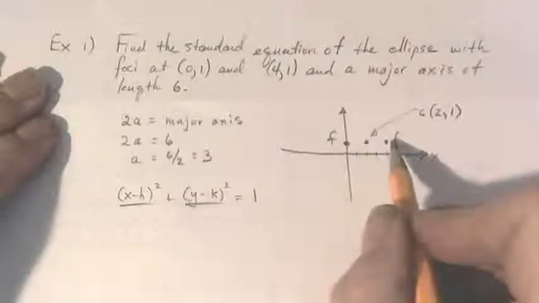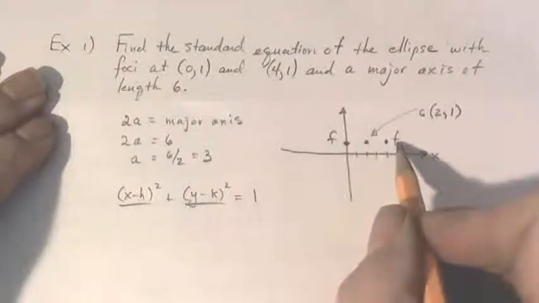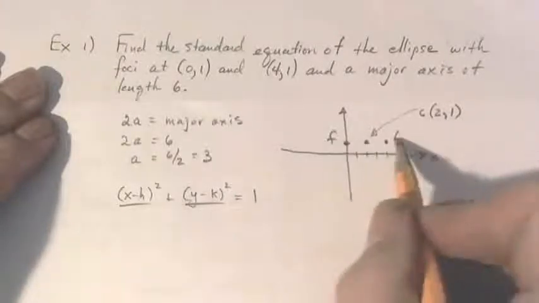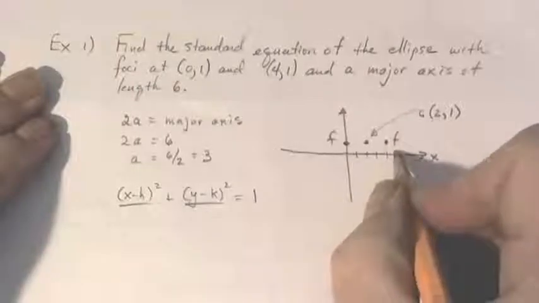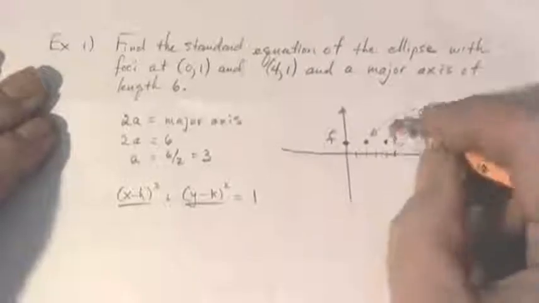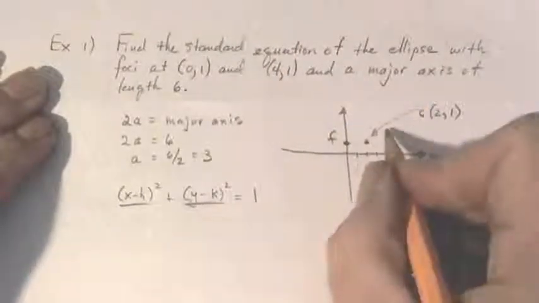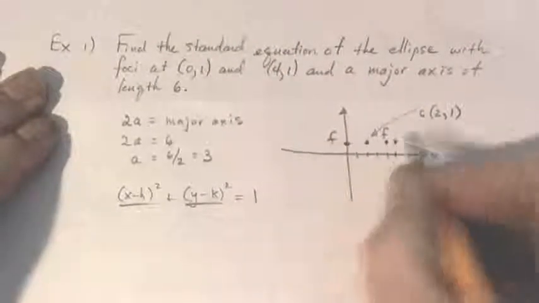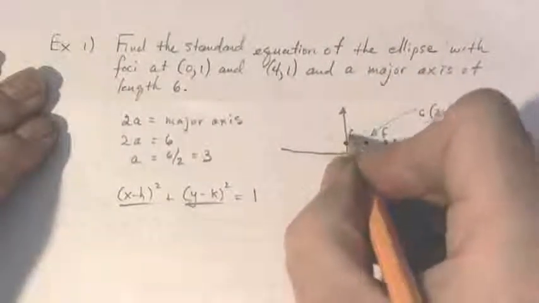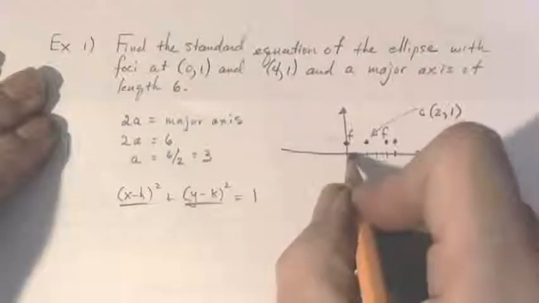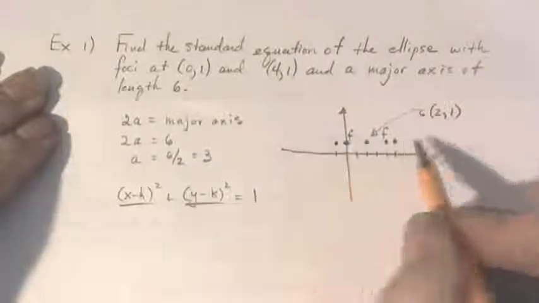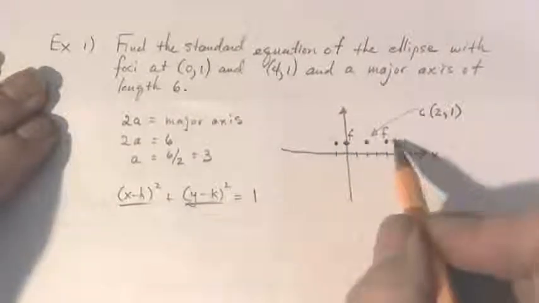Well, the foci line up with the major axis, so they go in the same direction, which means that a goes in this direction. A is 3, so if we go 1, 2, 3, there are the major vertices and the foci.